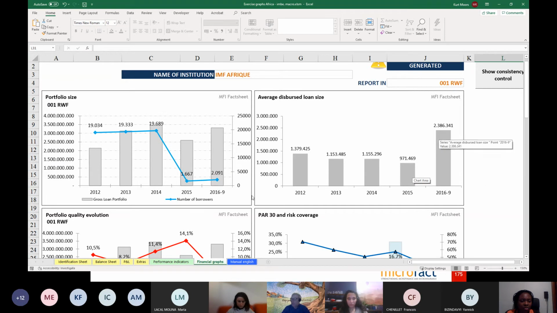Here they changed to the loans given to a group. So when you have this kind of report, it's very hard to make a good analysis. So just stick to the figures and then it makes sense.